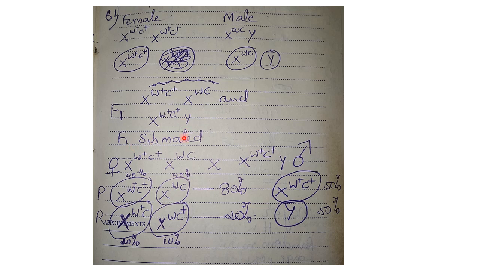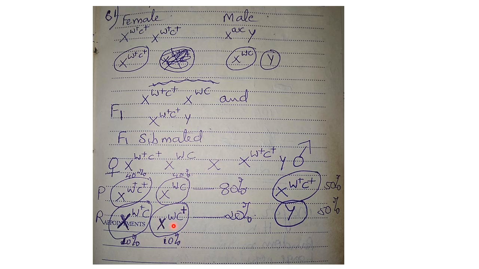Now F1 is sib-mated. These are the parents, one is male and the other is female. The female will produce parental gametes as well as recombinant ones. They have told that the two characters are 20 centimorgan apart.